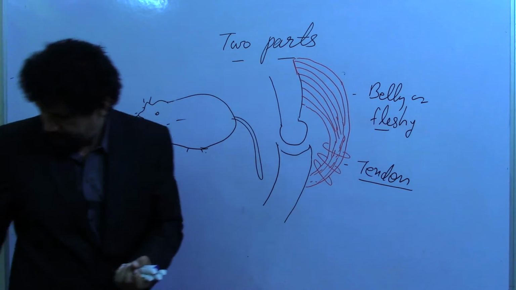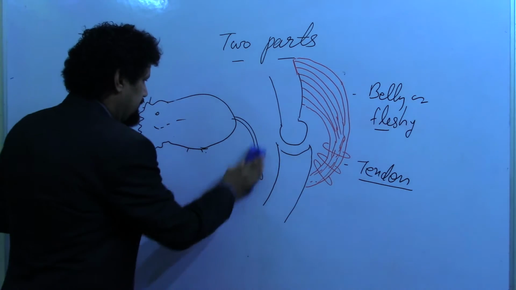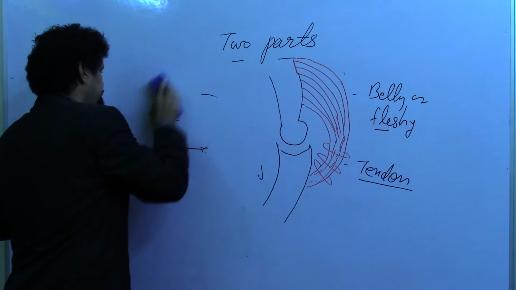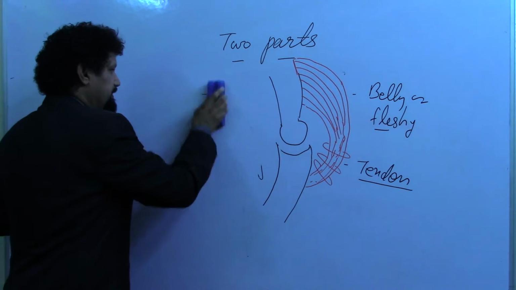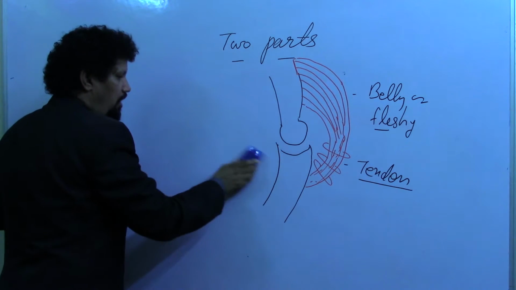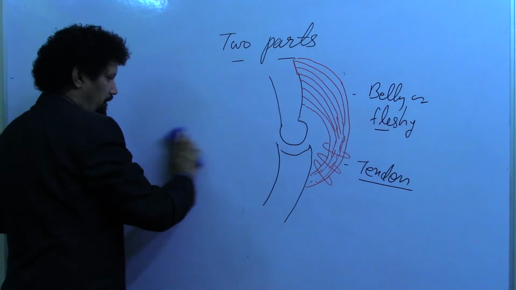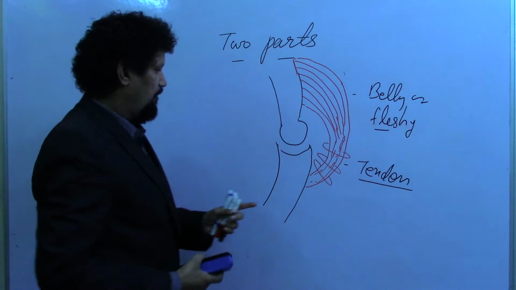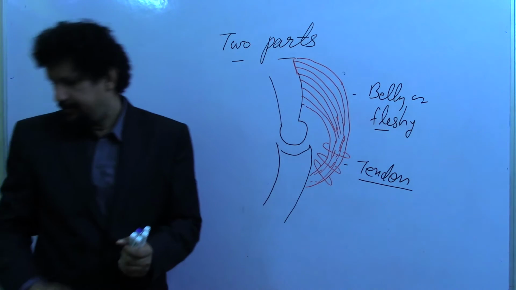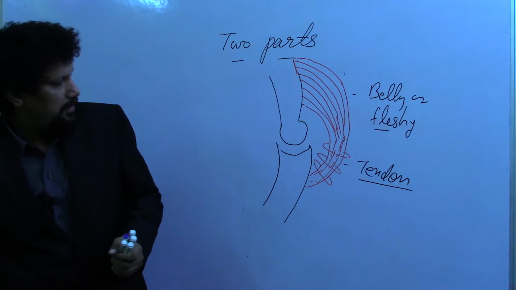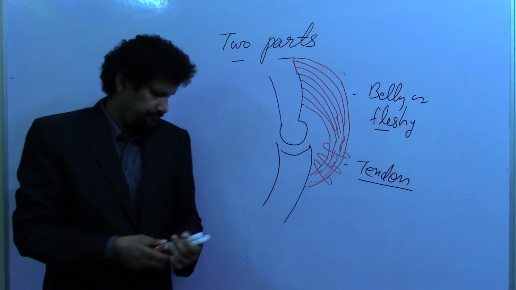So the tendon is the part of muscle which is non-contractile, but it can withstand the pressure and the friction.